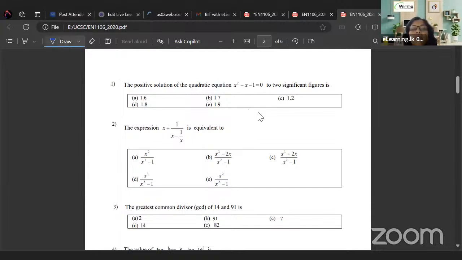You can apply the formula minus b plus or minus square root of b squared minus 4ac, divided by 2a.